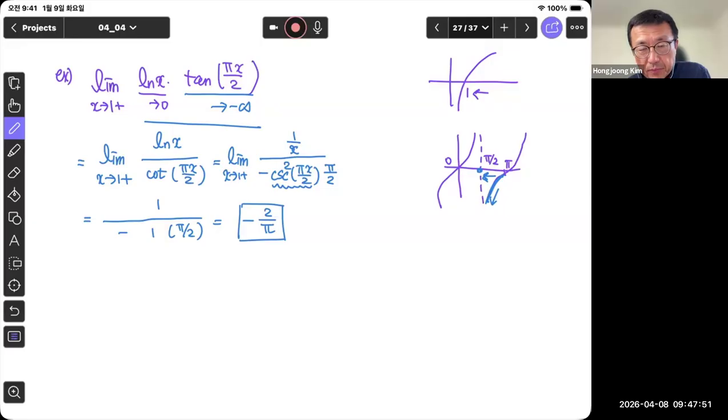Sign doesn't matter. And one application is this: when you have a limit of the product of two functions, if one converges to 0 and the other diverges to plus or minus infinity, then one of these two functions will be moved to the denominator, and then you can apply L'Hopital's rule.